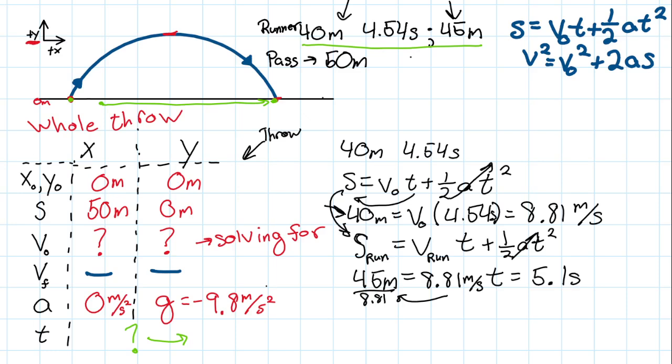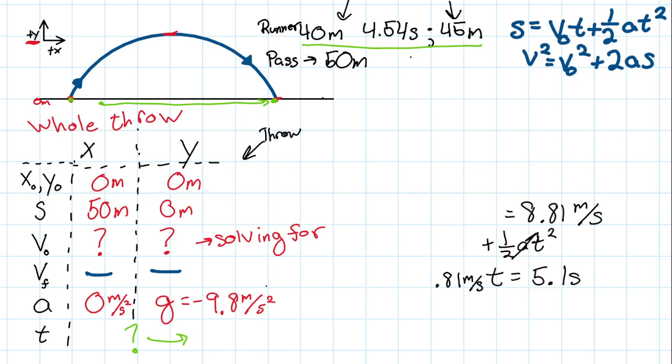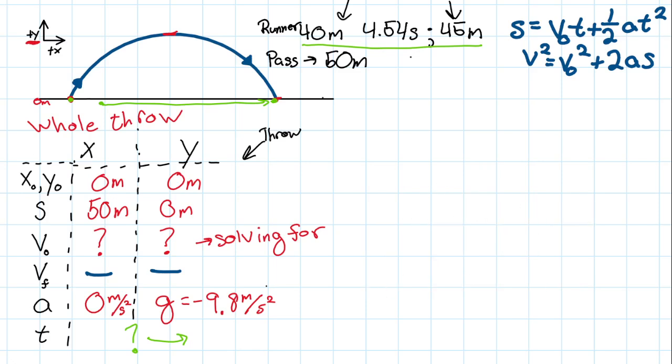All right. So what we've just done lets us say that the runner is going to make their run in 5.1 seconds. And most people got this, like I said. So we know the runner will be able to run that distance in 5.1 seconds. If the throw is going to reach them, the throw has to also take 5.1 seconds if both things happen at the same time.